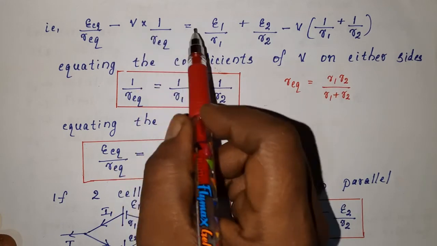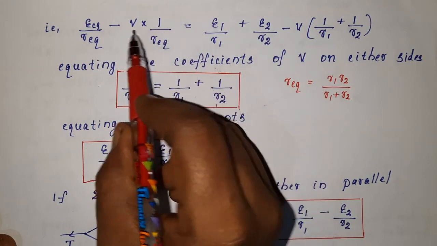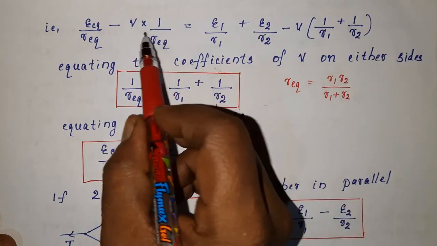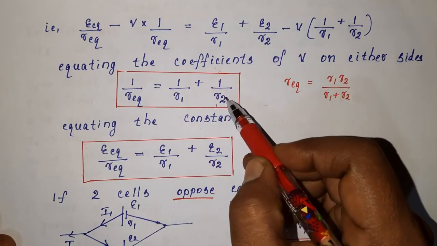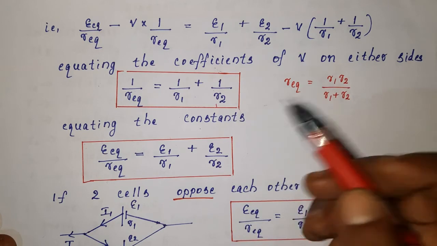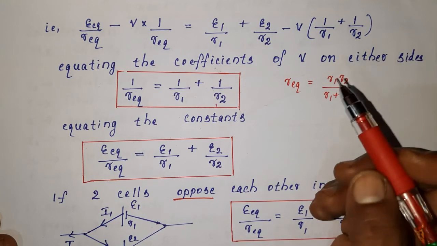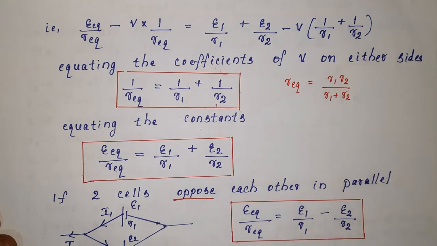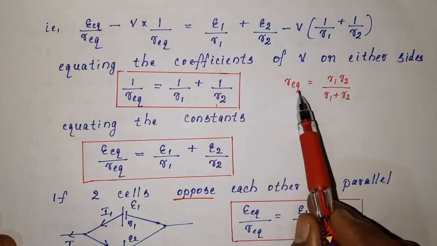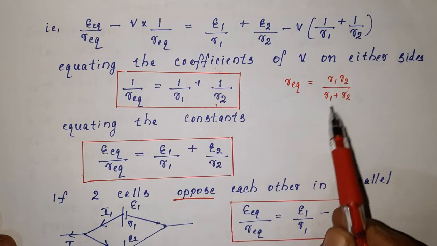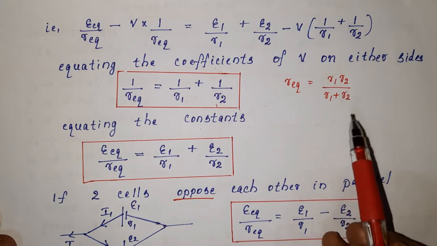That means the coefficients of V on either side should be the same. So we have 1 by R equivalent is equal to 1 by R1 plus 1 by R2, just like two resistances connected in parallel. In the case of two cells, when you solve this equation, you will get R equivalent equal to R1 R2 by R1 plus R2.